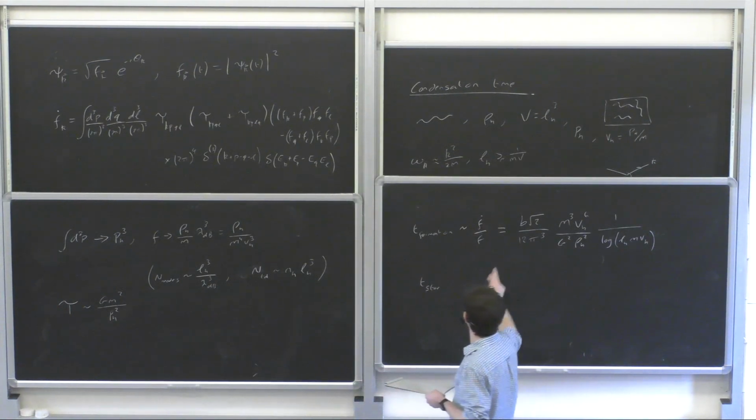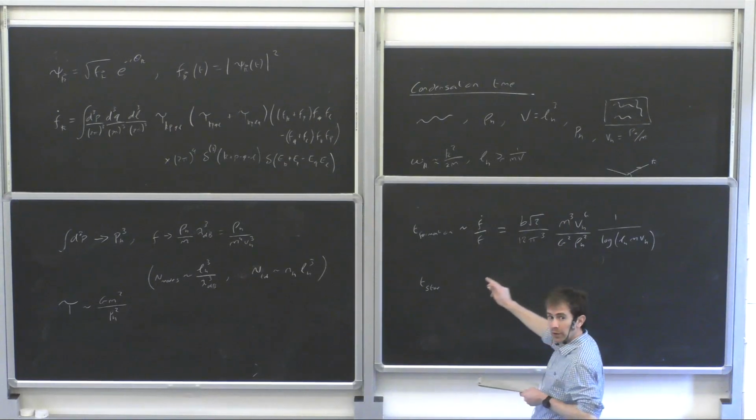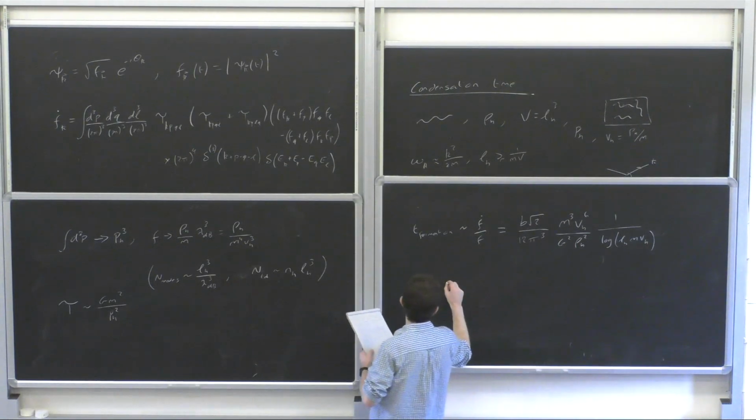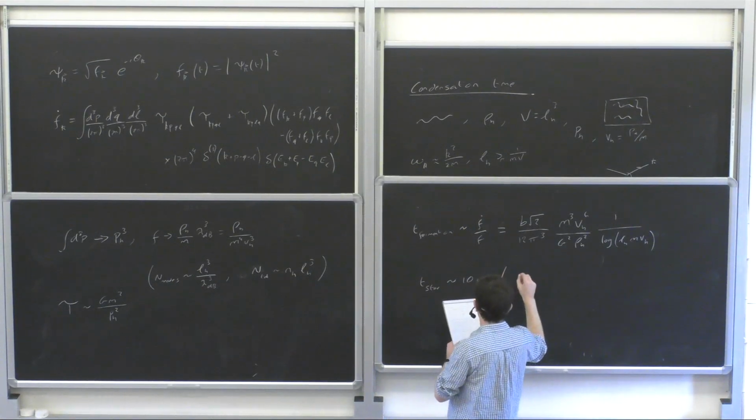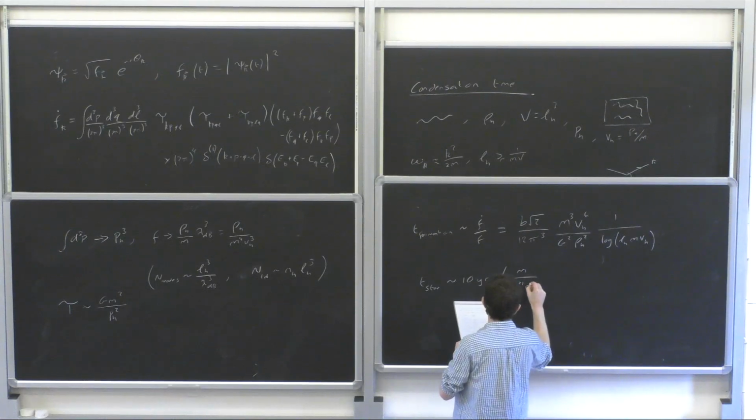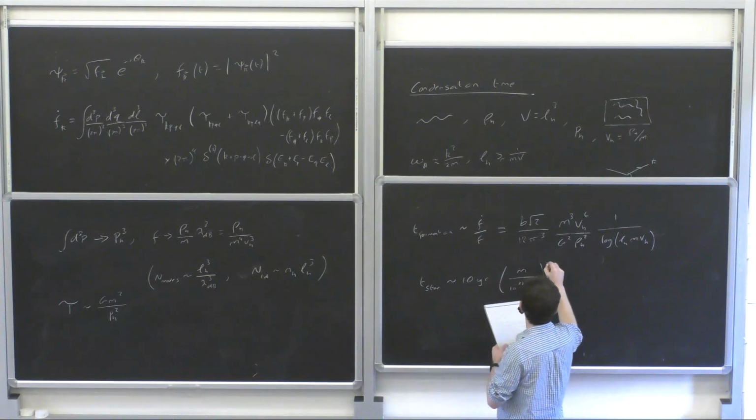This means that the typical formation time for an axion star at the center of a galaxy is something like 10 years times 2 electron volts cubed.